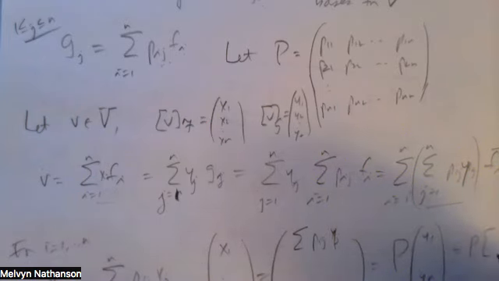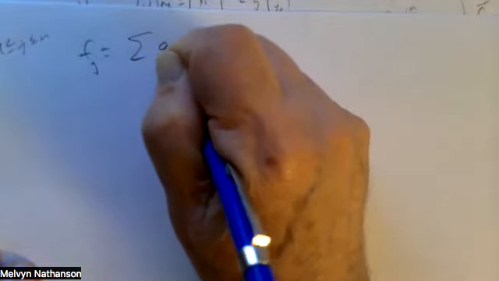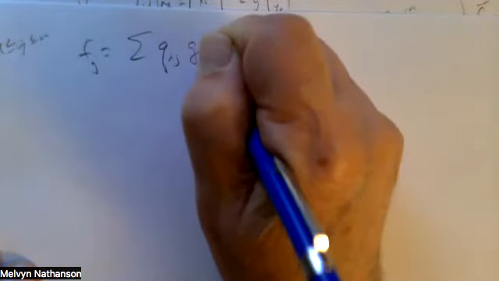I can write another matrix which takes me from the coordinates of F to the coordinates of G. So instead of writing each G as a linear combination of the F's, I want to write each F as a linear combination of the G's. So for j between 1 and n, let F_j be some linear combination. Let me call the coefficients Q_ij, G_j.